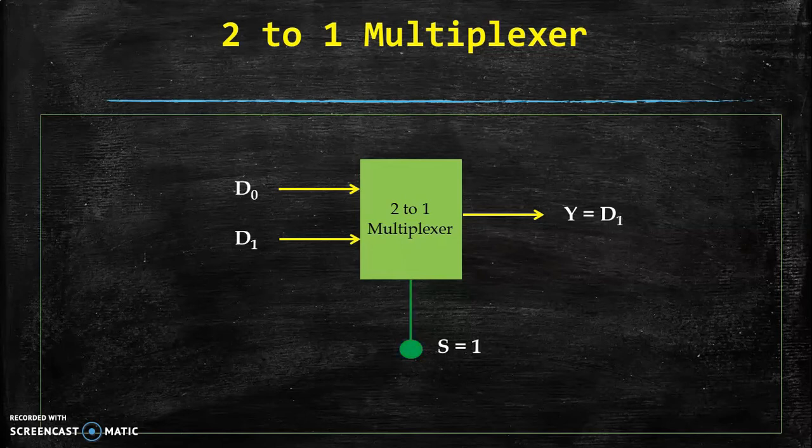Then input data D1 will be transferred to the output, and now Y is equal to D1 when S is equal to 1. This way we can simulate the 2 to 1 multiplexer and easily understand its operation. Now based on this simulation, let us prepare a truth table.